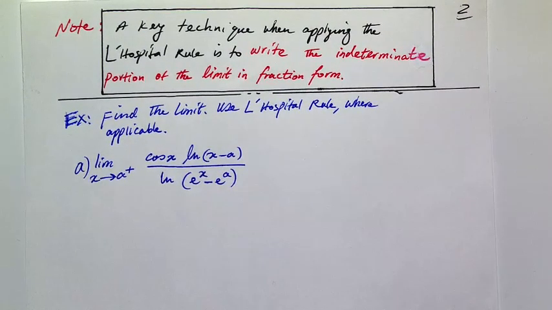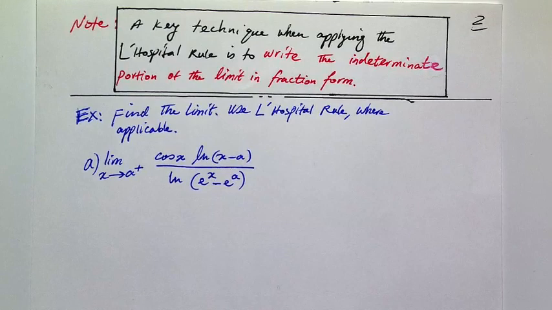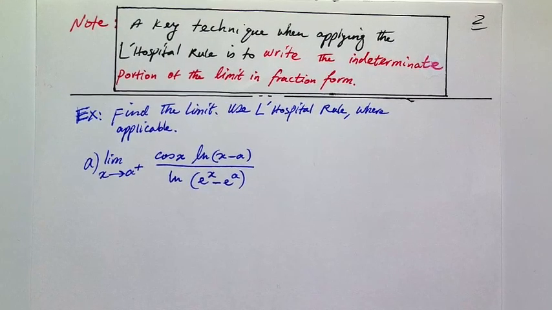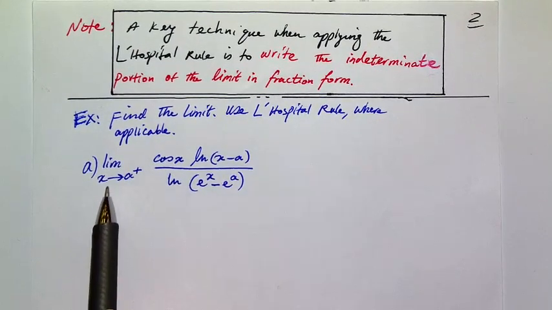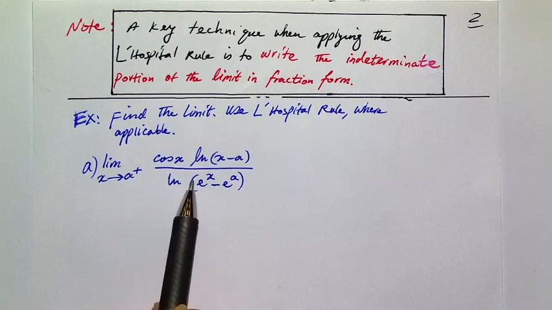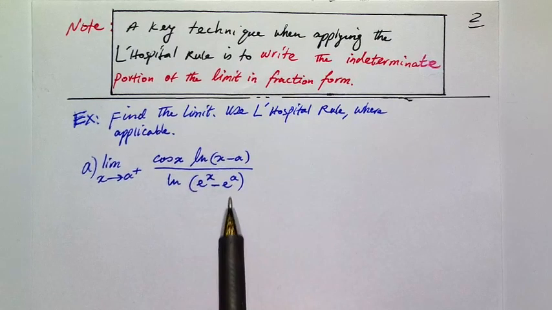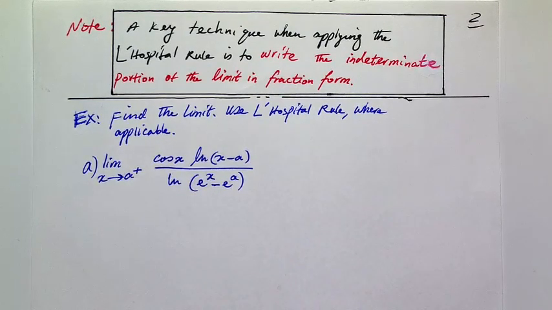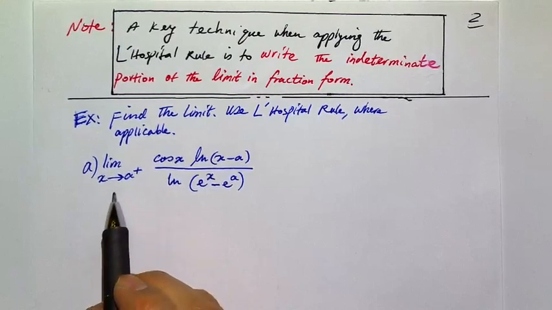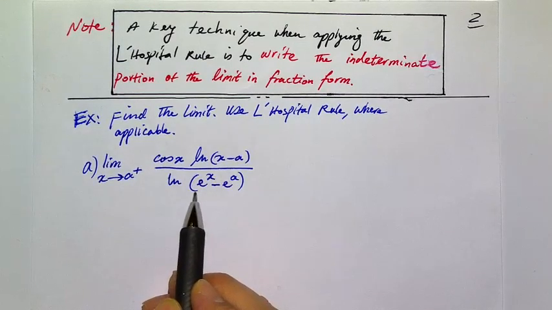All right, so here if we apply the limit to this expression that we have, first we have to verify if we have an indeterminate case. Otherwise, we can't use the L'Hopital rule. So let us apply this limit to each piece of this.